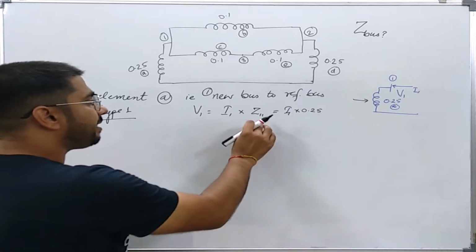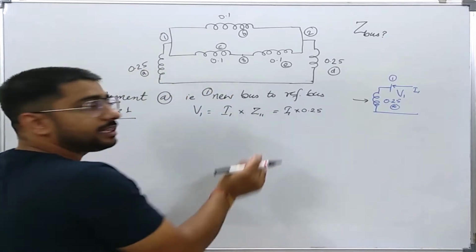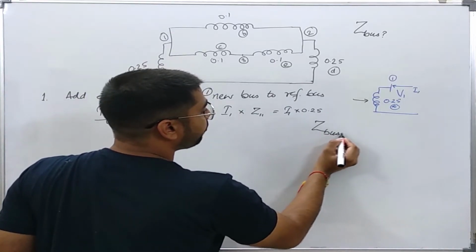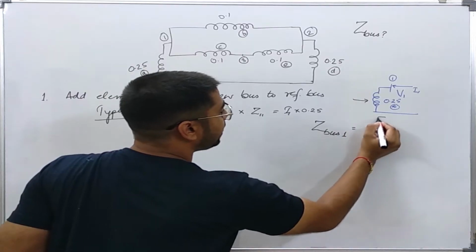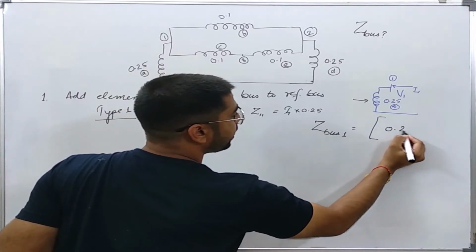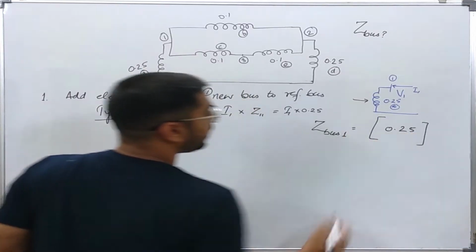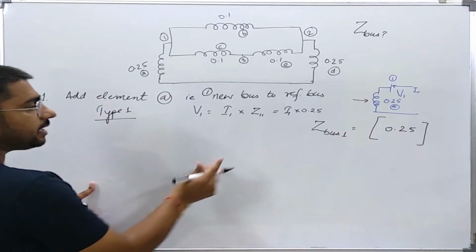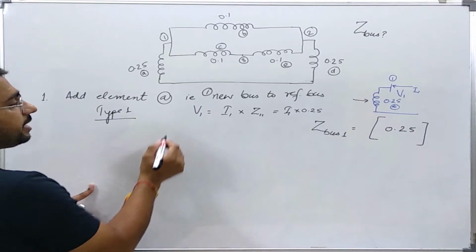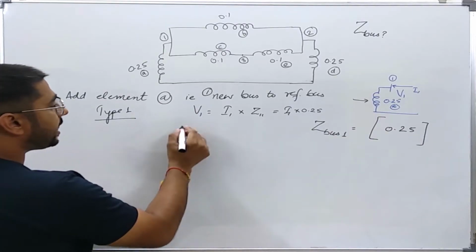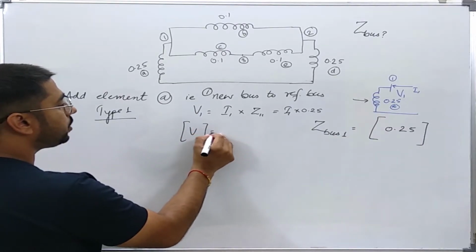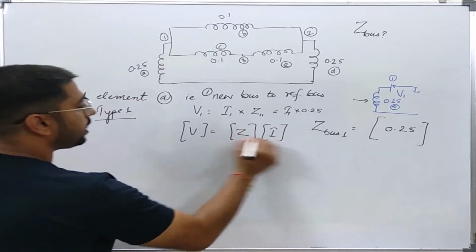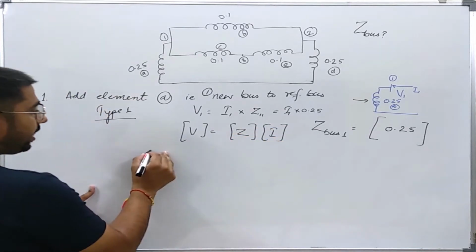Only one element will be there in the bus impedance matrix. So the bus impedance matrix for step 1 is nothing but this simple element, and all other elements will be 0. If I want to write the complete equation, V is equal to Zbus into I.